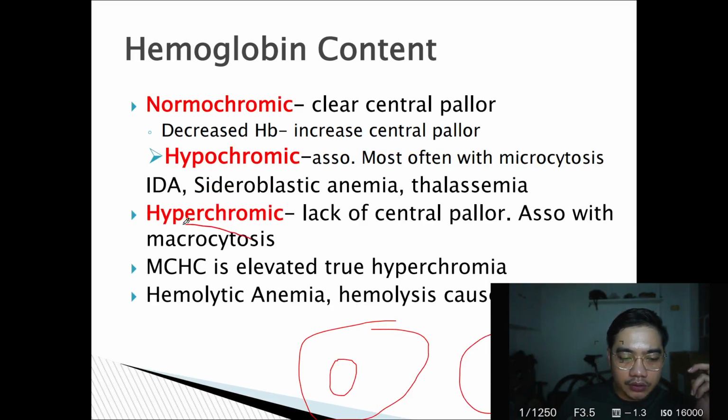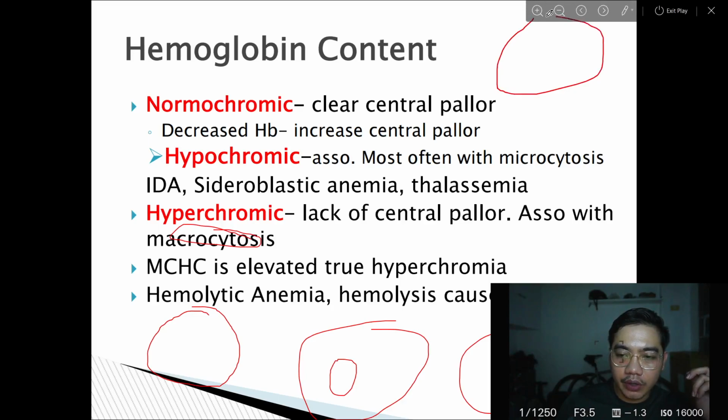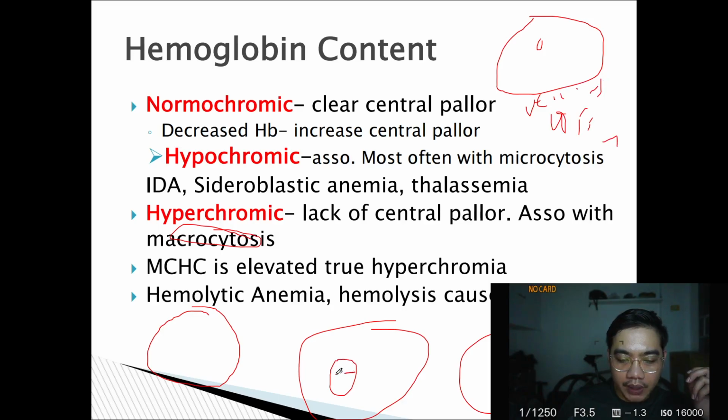It's not just associated with macrocytosis, it's also associated with hereditary spherocytosis, because there is no longer a central pallor, due to the loss of vertical support, no? So the central pallor popped out, it's just a pure sphere. So that's what we call hyperchromic.